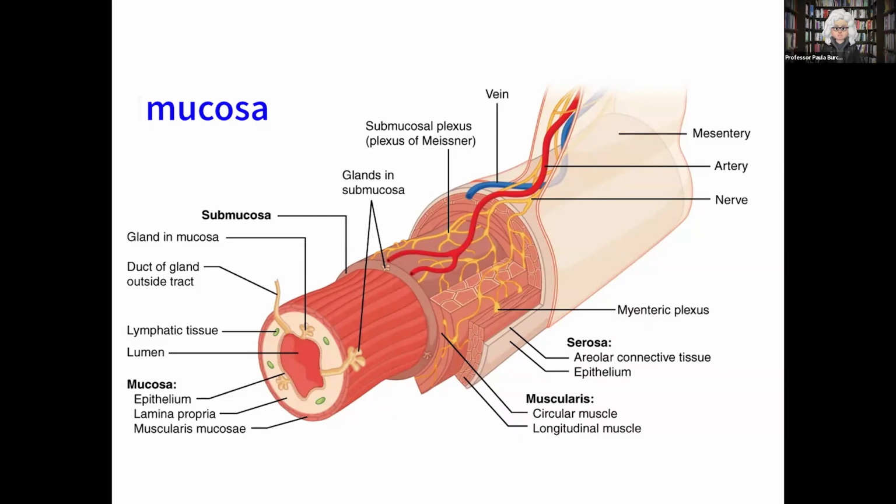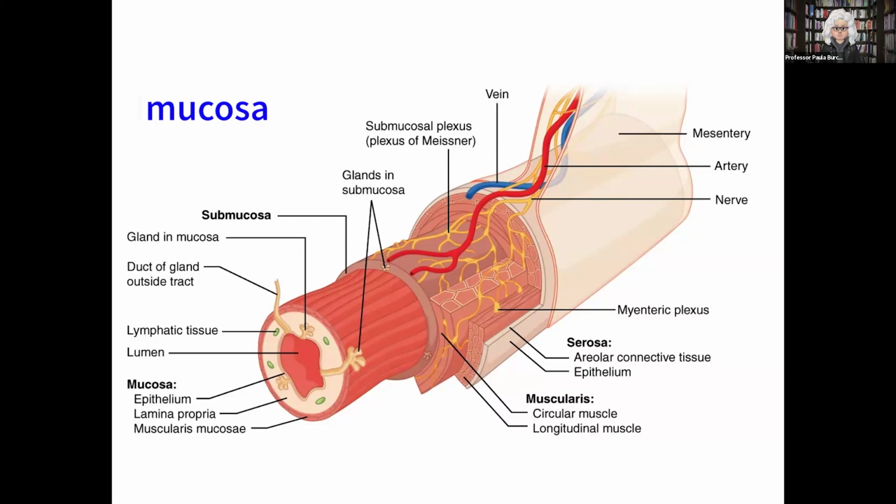Recall, Peyer's patches are a form of MALT located in the small intestine. You will find Peyer's patches in the distal portion of the small intestine, the ileum. As we continue to move out, you will have a thin layer of smooth muscle called the muscularis mucosa.